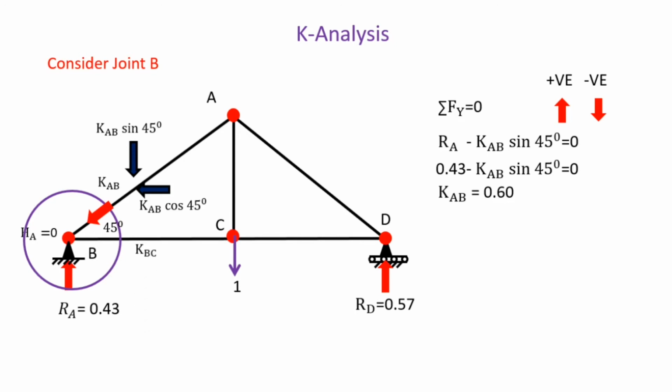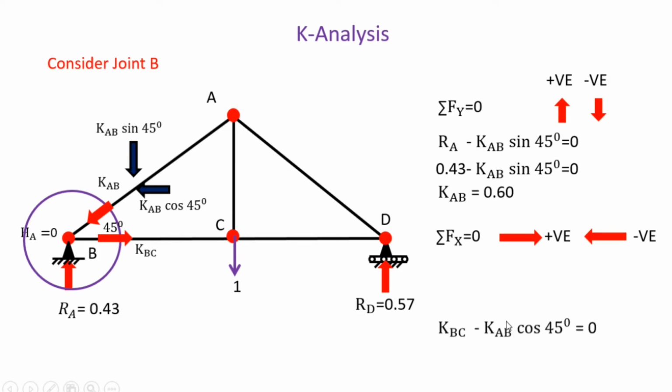Then the next force is KBC, and assume the direction of KBC is away from the joint. Then apply the sigma Fx condition, because this force is horizontal. Towards right plus and towards left is minus. Now here this KBC is towards the right, that is why plus, and this horizontal force KAB cos 45 is towards the left, that is why minus, it is equal to 0.